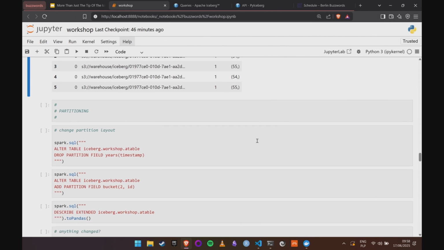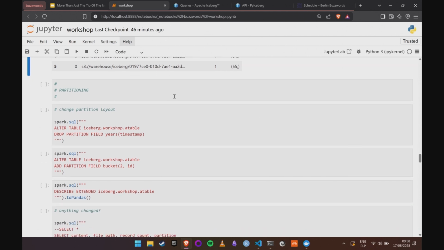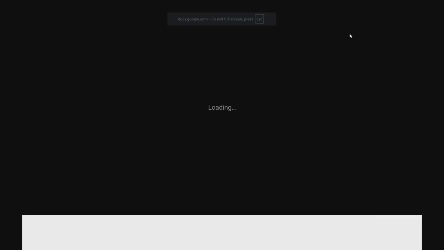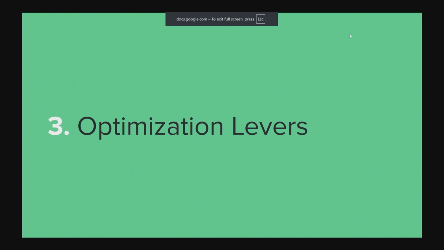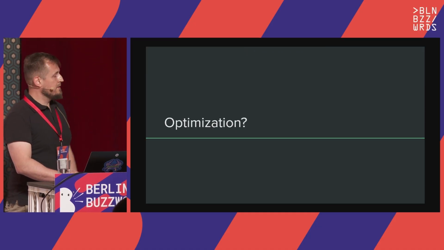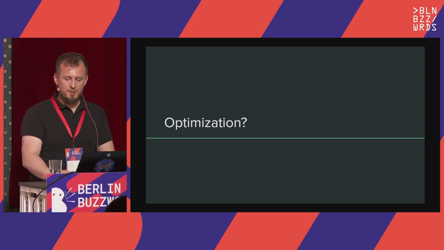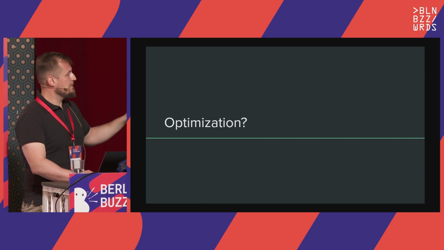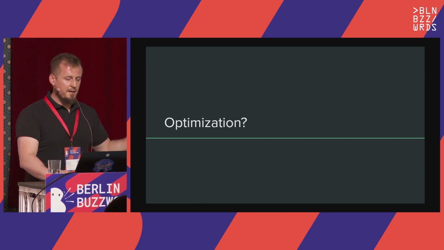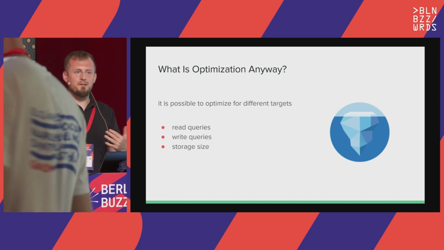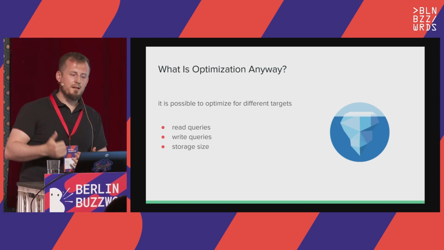All right, so before we go into the partitioning related code, I am going to switch back to the slides, because there is some introductory information I would like to go through. So now we are going to go through several aspects of optimization of Iceberg. What this actually means depends on the context, because optimization can be multi-dimensional.